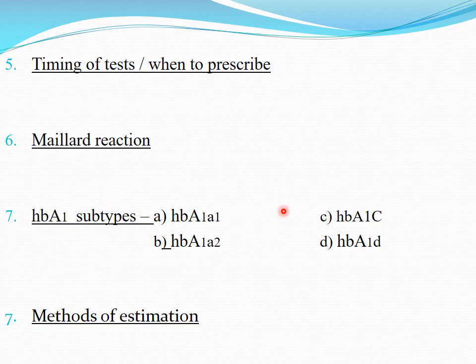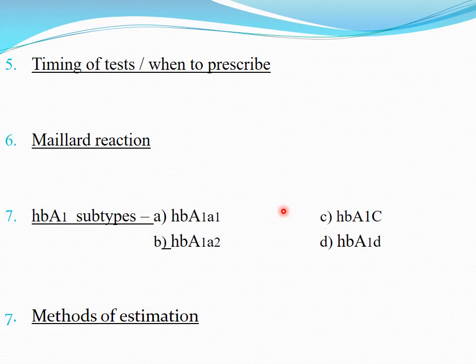The timing of the test, I have already mentioned, there is no particular timing. But if you are going for monitoring in diagnosed cases of diabetes, we have to do it at least once in 3 months.